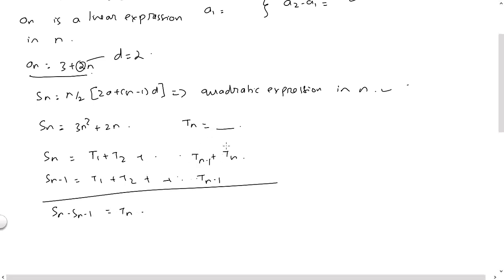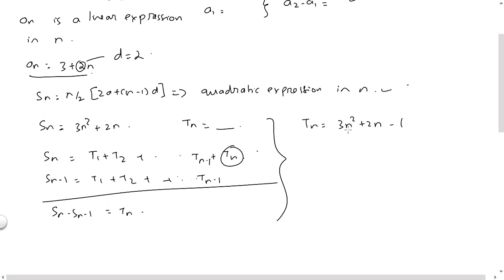We don't have to write these expressions and take the difference. You should understand that when you take the sum of n terms and subtract the sum of n minus 1 terms, what will be left is the nth term. So here also, to determine the nth term, we will write Tn is equal to Sn, which is already given, 3n square plus 2n, minus Sn minus 1.